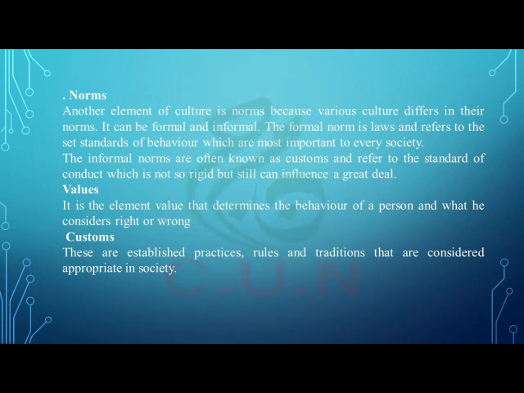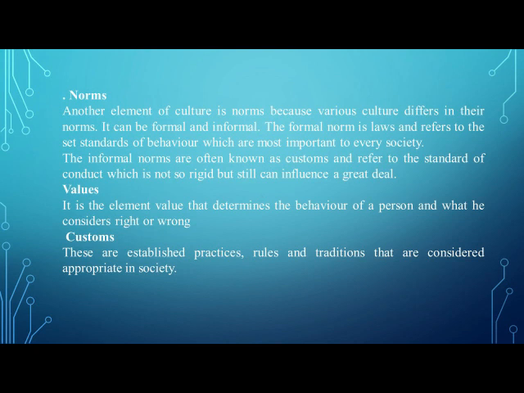The informal norms are often known as customs and refer to the standard of conduct or behavior which is not so rigid but still can influence a great deal. The fourth element is values. It is the element value that determines the behavior of a person and what he considers right or wrong.